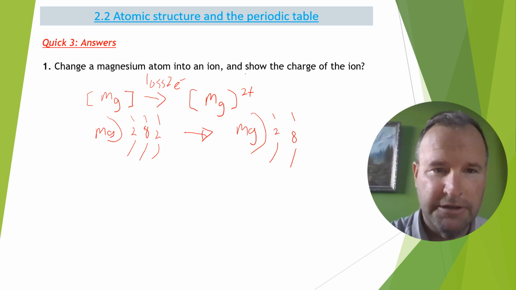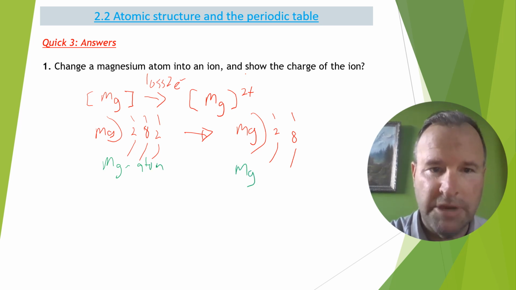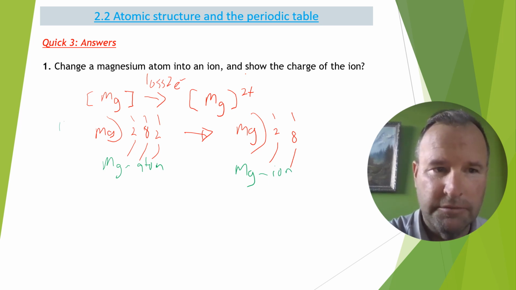Let's say green. Remember here the charge for an atom. So remember this is an Mg atom, and this forms a magnesium ion. So doing the charges here, remember that's 12 plus for the protons, and that's minus 12 for the electrons.